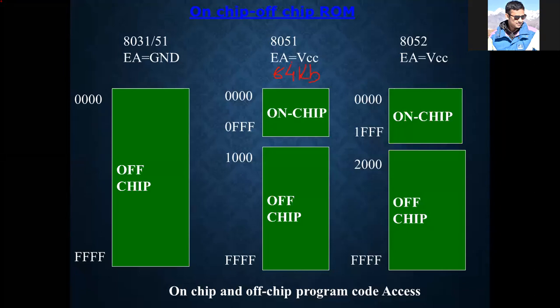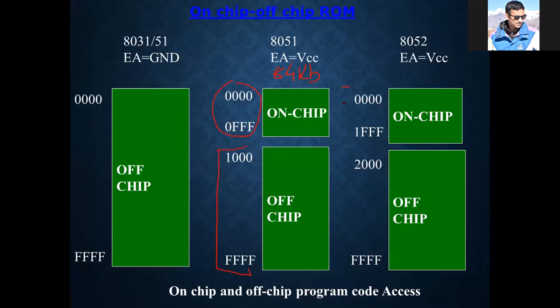Off chip means it has to be connected externally, that is not included in the 8051 chip. Clear? This is shown in the diagram. This 0000 to 0FFF, that is 4 kilobytes, is available in this particular 8051 IC, and the rest of the things can be connected externally.